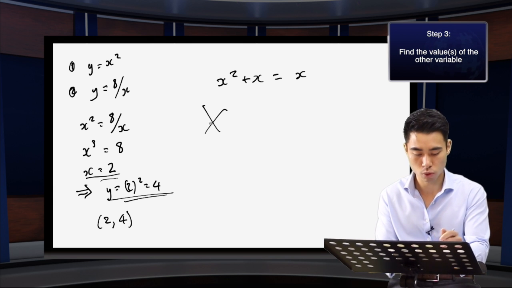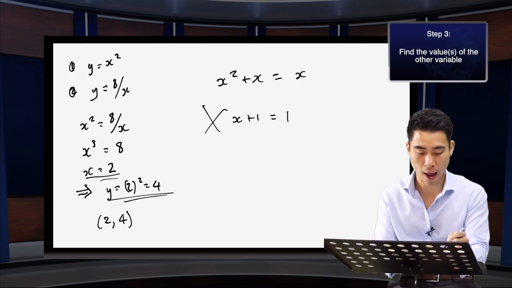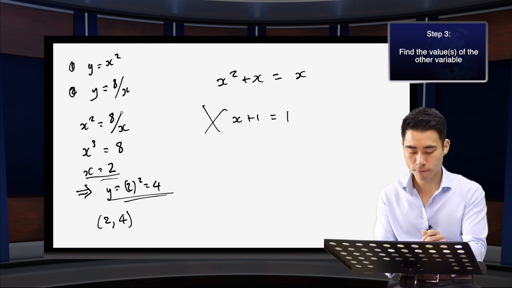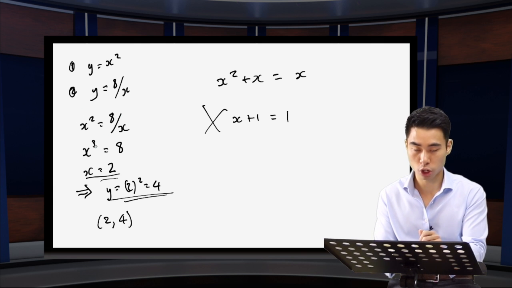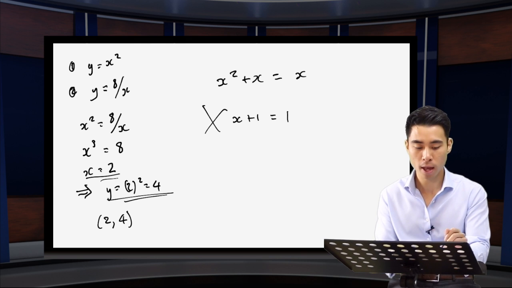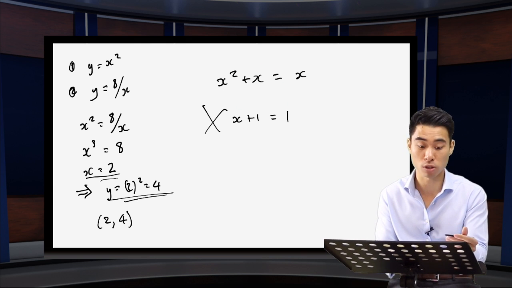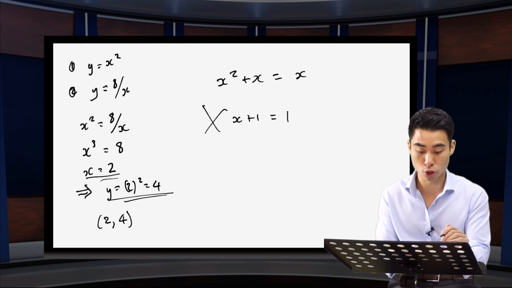So this is wrong. If I divide through by x, you'd divide each of these terms by x. You get that. That is wrong because here you're turning a quadratic into a linear solution. So going from here to here, I'm going from a quadratic to a cubic and adding a solution, that's okay. This is wrong because I'm going from a quadratic to a linear and essentially I'm getting rid of a solution there. So just make sure you don't do that.